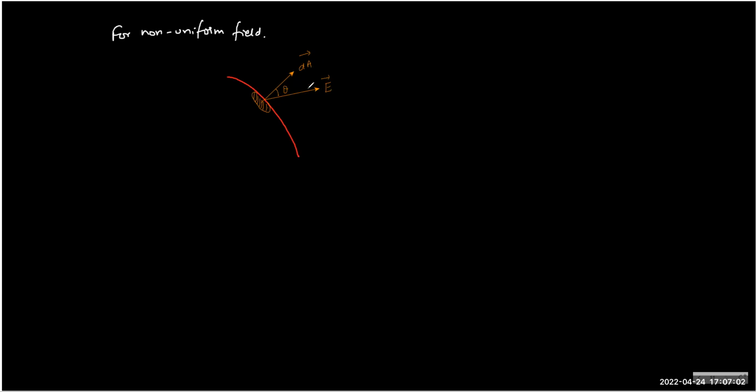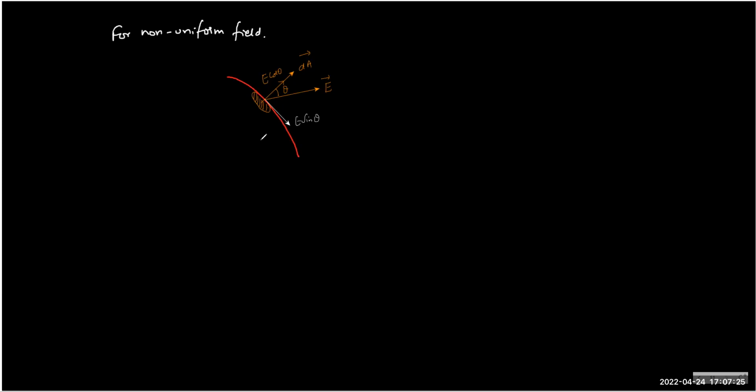So the field will have two components, one E cos theta, another E sin theta. So you can see by common sense which component will pass through the surface.